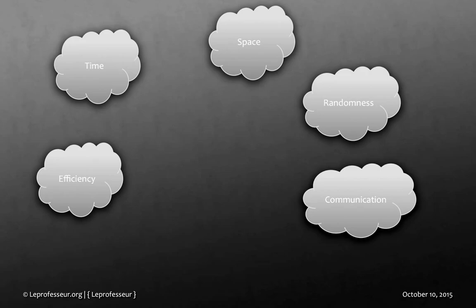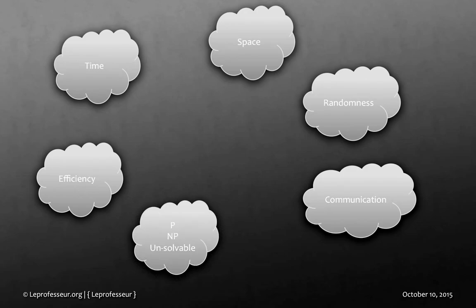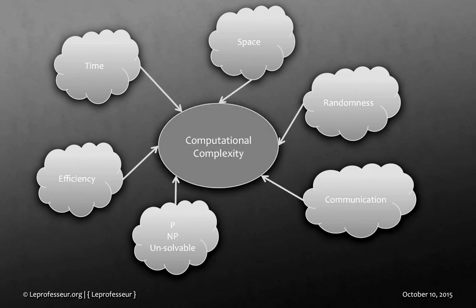What are the minimum words you should exchange with each other so that you can communicate the whole message properly? So that is the sort of communication theory. Other aspects like P and NP, unsolvability, solvability, whether we can compute certain problems in deterministic time or not. All those things lumped together, you can add more variables to it, but that sort of thing leads us to the area of computational complexity, right?